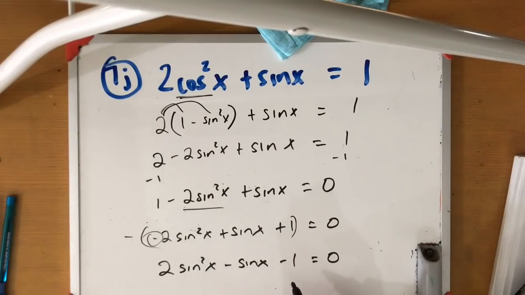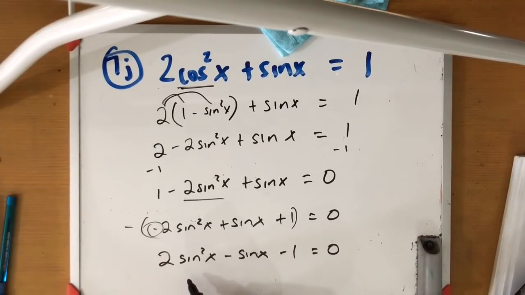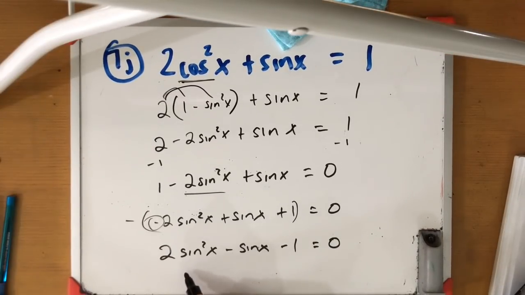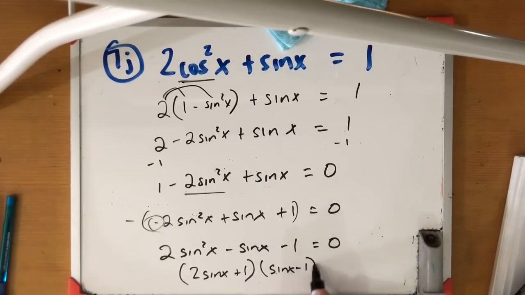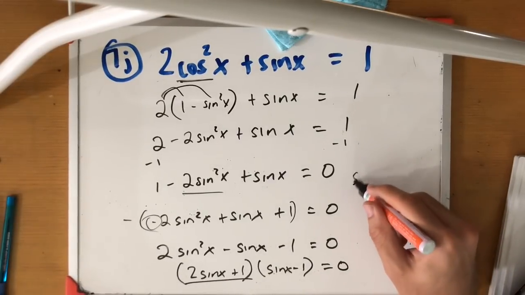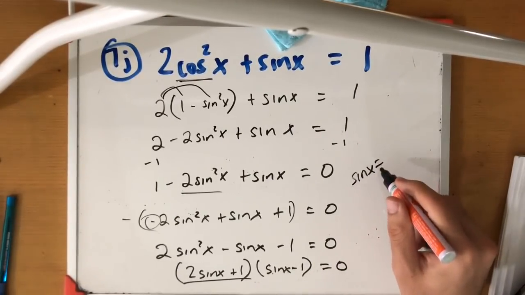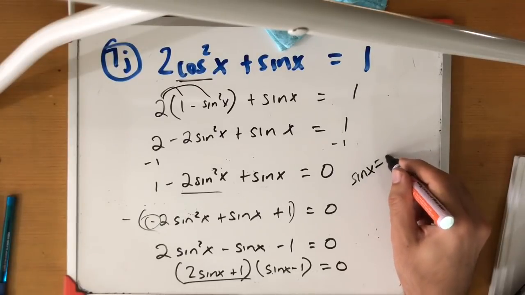Okay, so let's go ahead and factor. When we factor, this would end up being 2 sine x plus 1, and sine x minus 1 equal to 0. Let's set each equal to 0. Sine x would end up being negative 1 over 2.